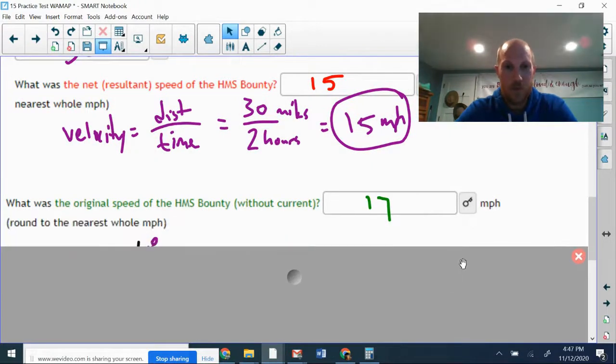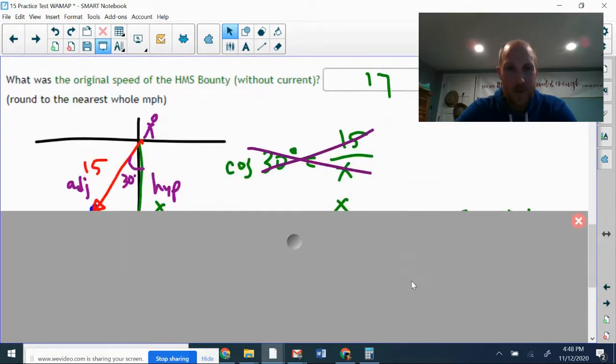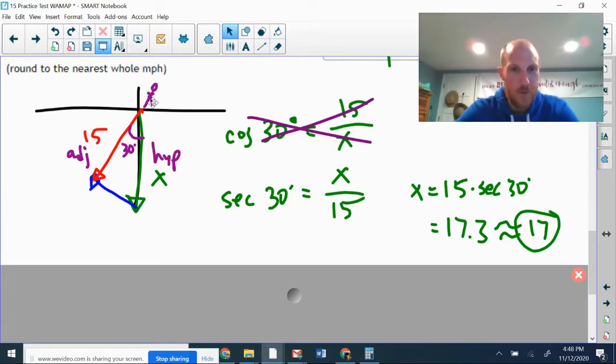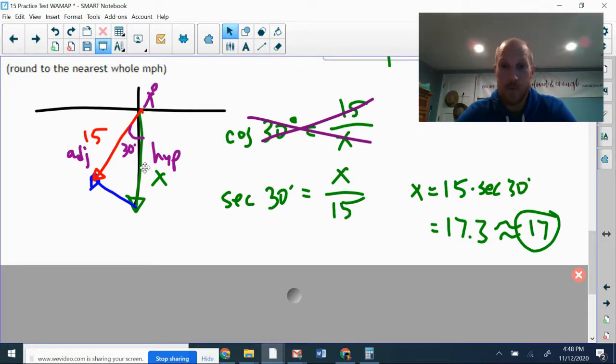Next up is the green vector, the original speed of the HMS Bounty without the current. In my diagram, from the perspective of the captain, I forgot the little boat, so I redrew this. The green side is the hypotenuse, the red side is the adjacent. If I use those two sides, I have two options for what ratio to set up. I could use cosine of 30, that gives me 15 over x. You could totally do that.